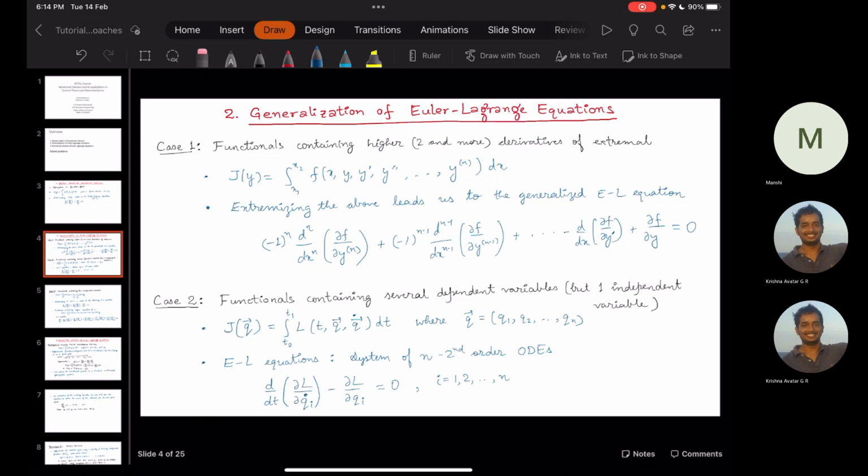And mind you that this is again defined over a fixed domain, whose limits are x1 to x2.